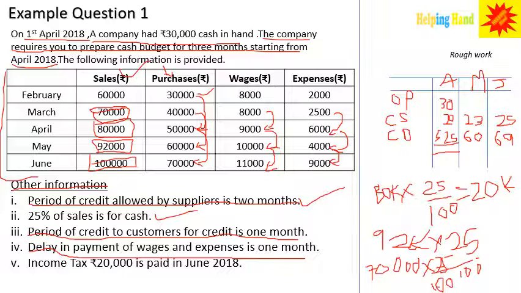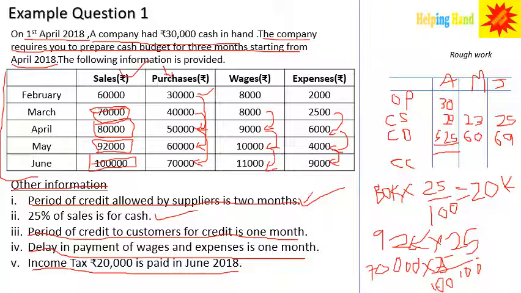Okay. Next, they are saying income tax of rupees 20,000 is paid in the month of June. So in June's column, we have an additional expense, that is income tax paid 20,000. So we start recording all the expenses here. We consider first the payment to be made to our creditors.